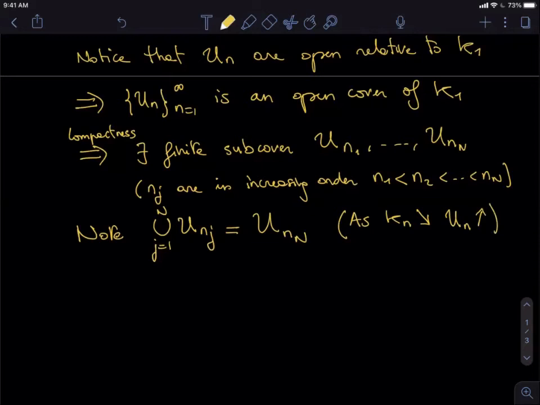So the union of the U_{nj} is going to be the largest of those sets. This implies that K1 is the union of the U_{nj}, because the U_{nj} are a subcover of K1, the way we defined them.